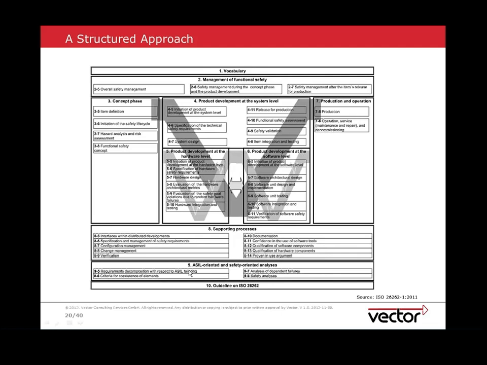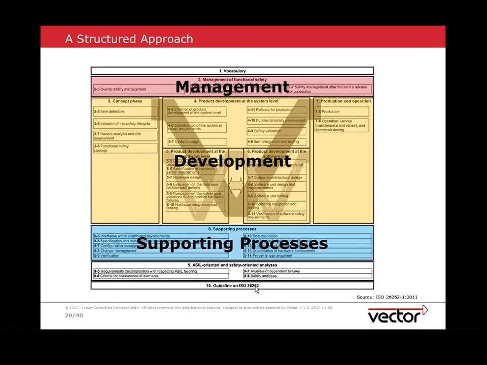Book 9 is then giving us some support for safety analysis, and Book 10 is then finally a guideline on how to apply the standard. That is in essence what I just explained about using the different books.